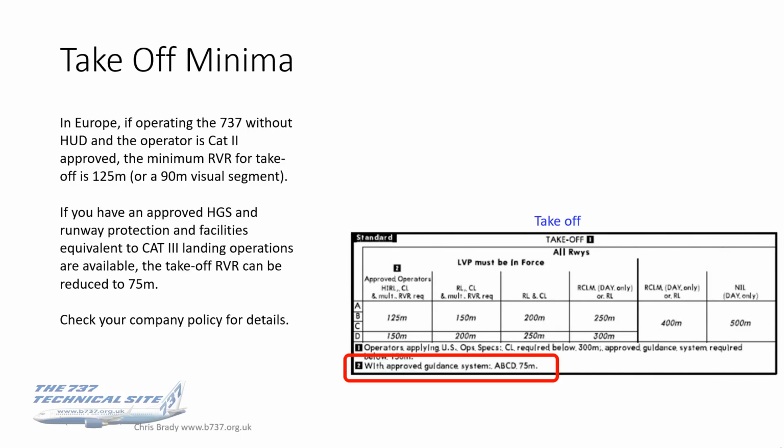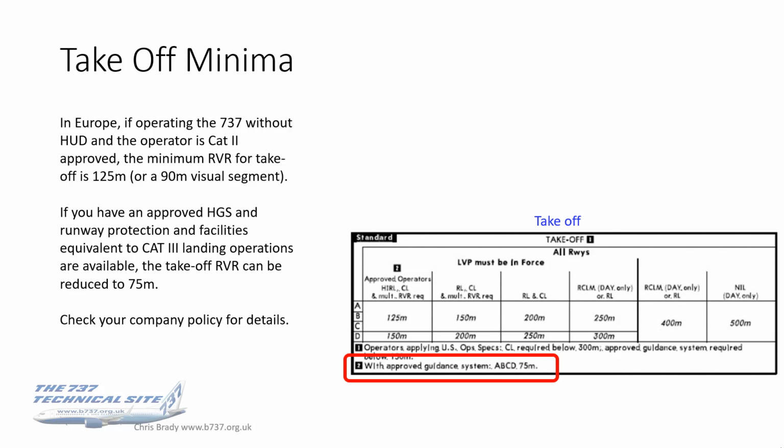Okay, we've mentioned minima. Let me just run through a few minima before closing this presentation. So, as regards takeoff minima in Europe, and again, I apologise to anybody watching this in the States or Brazil or other areas of the world, but certainly in Europe, if operating the 737 without the hood and the operator is Cat 2 approved, the minimum RVR for takeoff is 125 meters or a 90 meter visual segment.